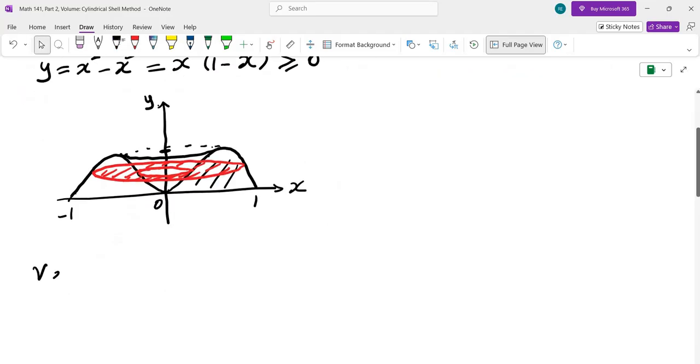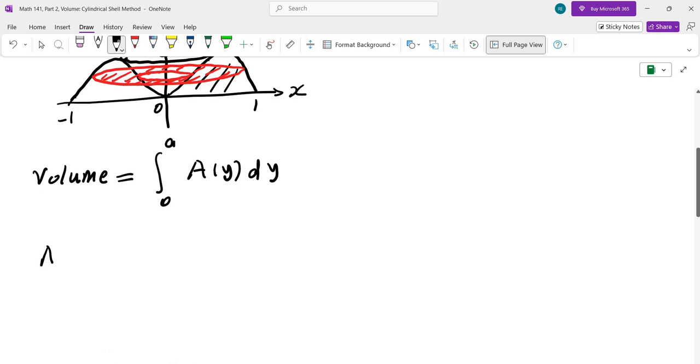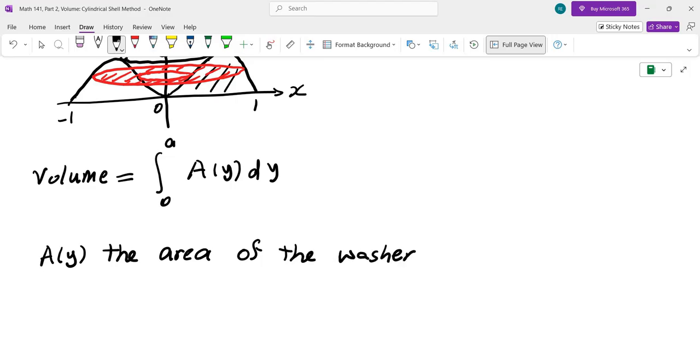So the volume in this case is going to be the integral from 0 to whatever this top is. I'm going to call that a, and we can find that it's just the critical point of the curve. The integral of A of y dy, where A of y is the area of the washer at y.